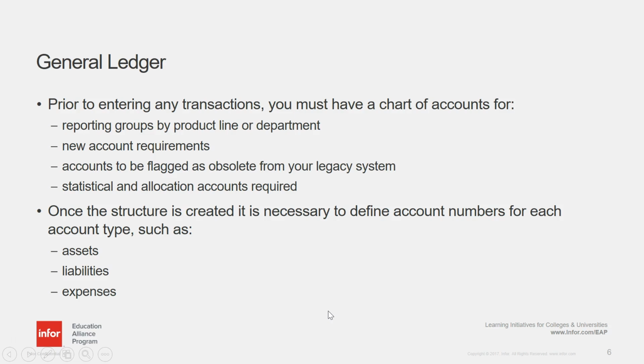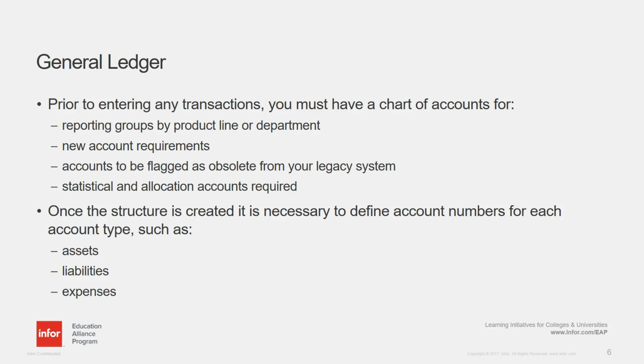So before any transactions can be tracked, we have to have what's called a chart of accounts. The chart of accounts typically allows for those transactions, accounts payable and accounts receivable transactions, to be put into the right account. The accounts are typically sorted by product line, by department.